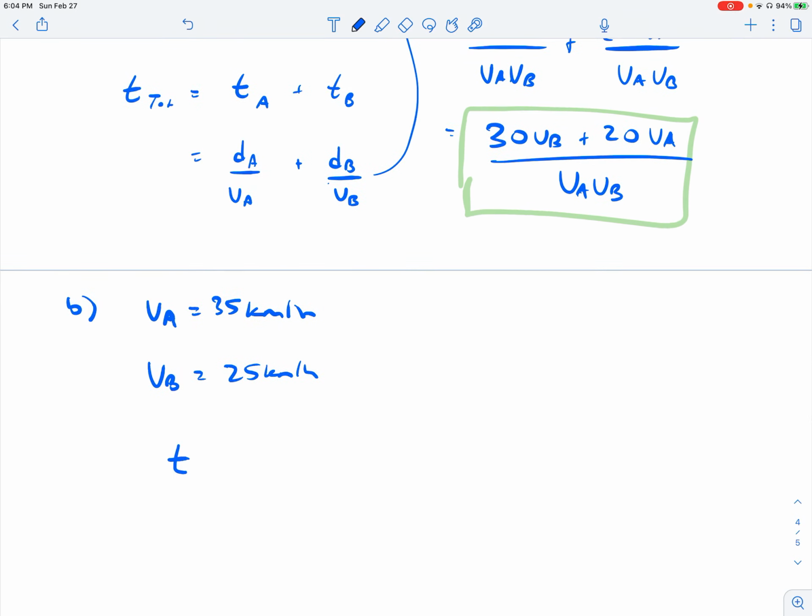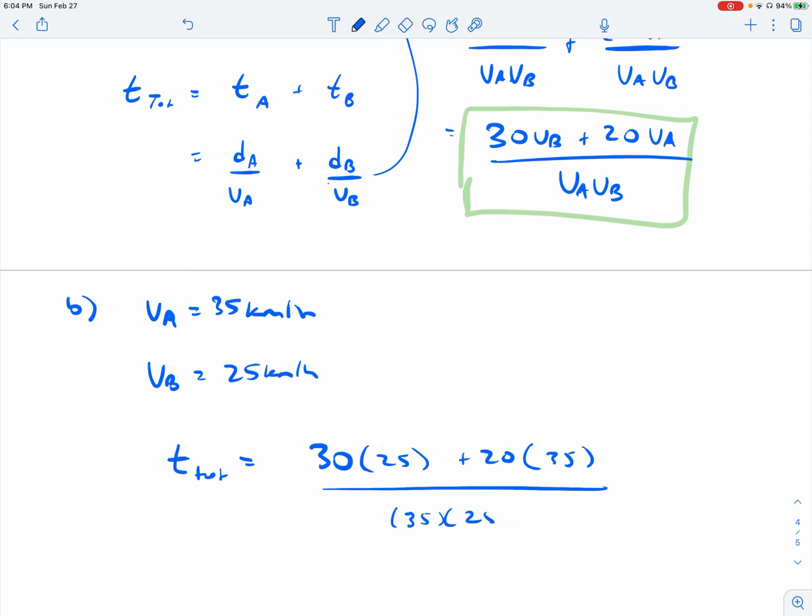So our total time is going to equal 30 times VB, which is 25, plus 20 times VA, 35, all over 35 times 25.